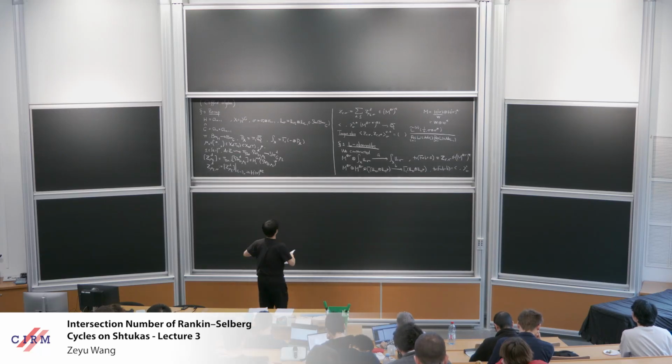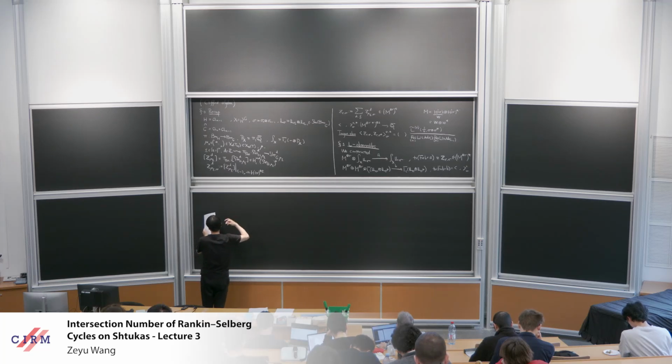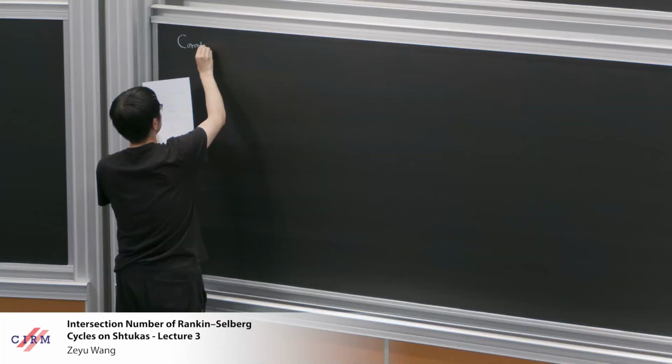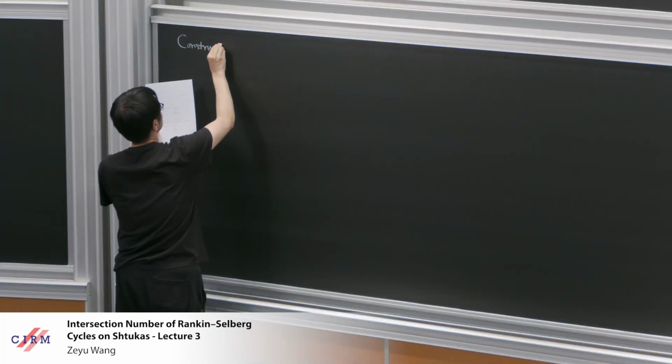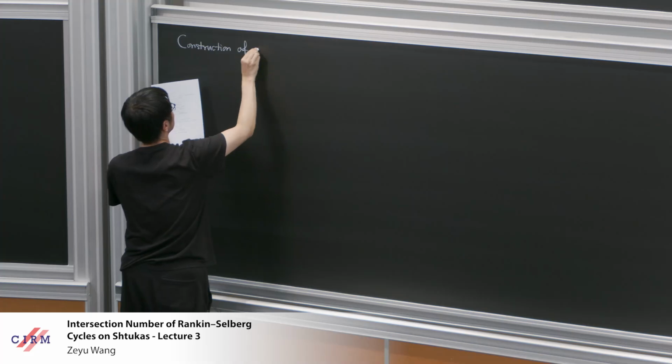Last time I constructed it in an abstract way, so maybe you will feel a little bit confused, but it's actually quite explicit. So how is A constructed?